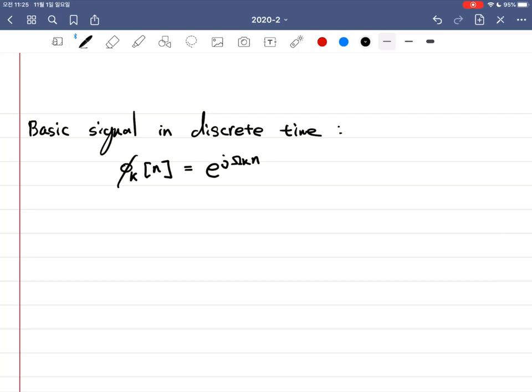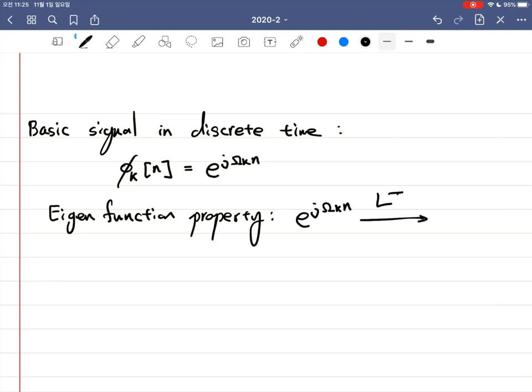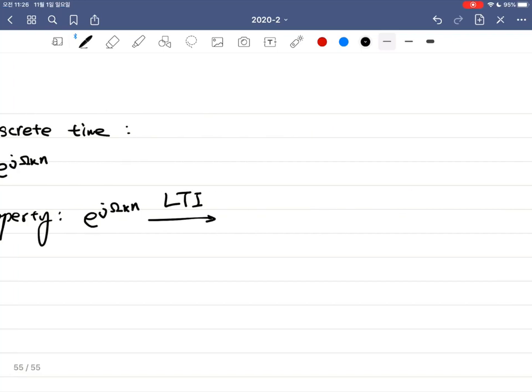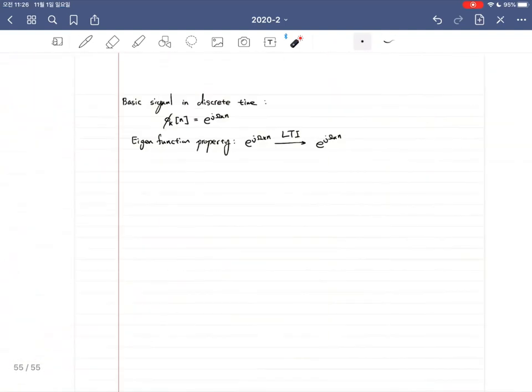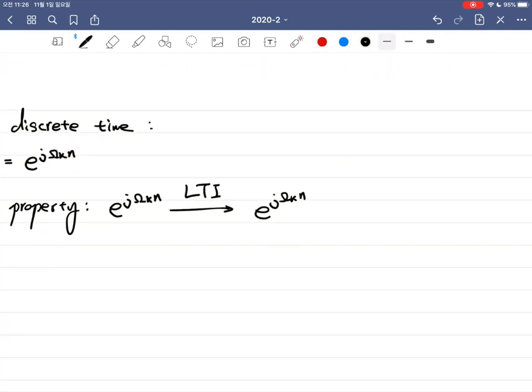So there exists the same eigenfunction property for discrete time. If you insert this e to the j large omega k n into the LTI system, then you get the same exponential function, and you have to multiply it by the summation. It was the integration for the continuous time, however, it becomes this summation.